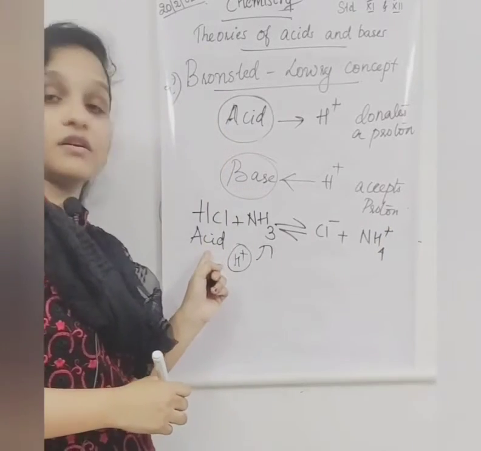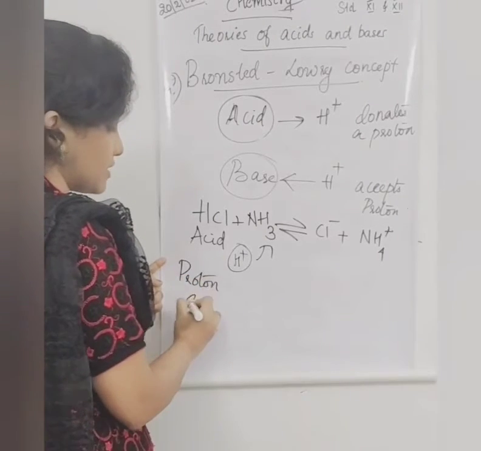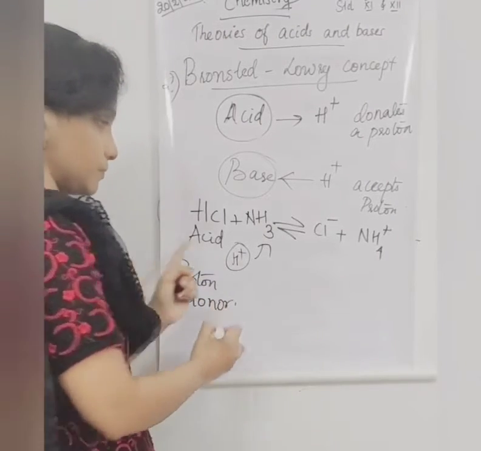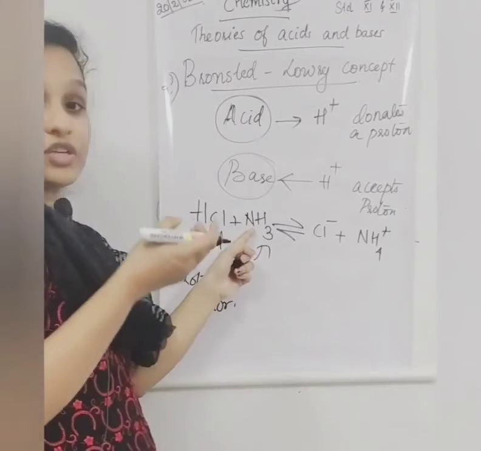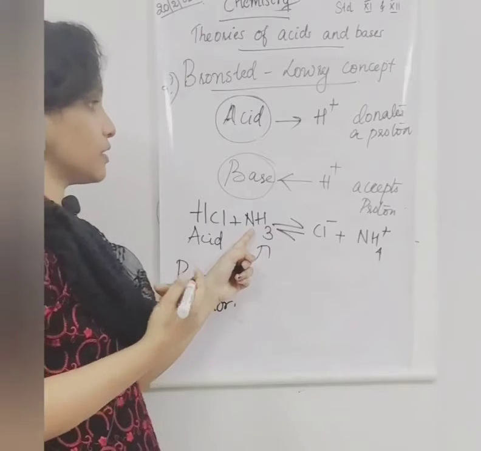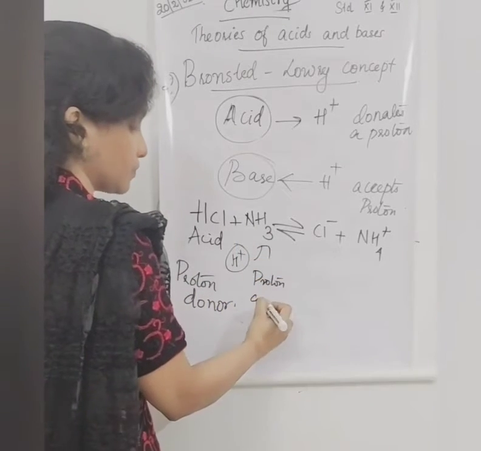So this is the proton donor. The acid is a substance which donates a proton and becomes Cl minus. The base is a substance which accepts a proton, the proton acceptor.